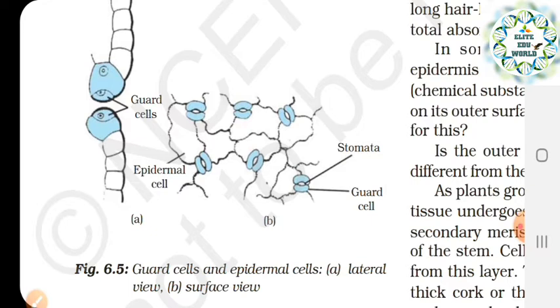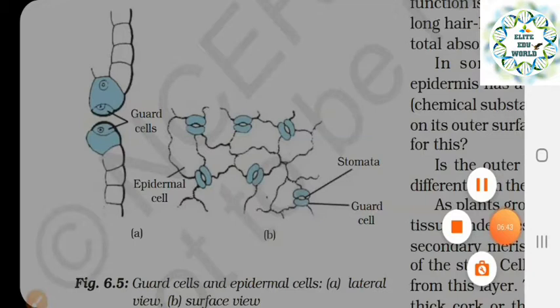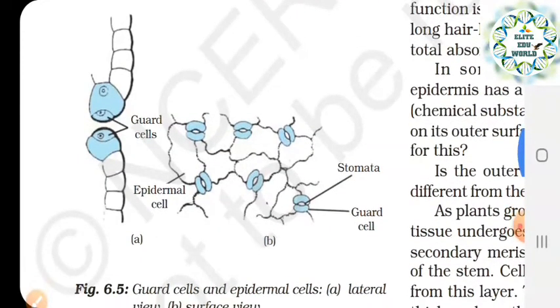In figure A, that is a lateral view, and figure B provides the surface view. So we will see both kinds of views here. How does it look and how can it be seen under the microscope? As per them we will decide how the different cells are.